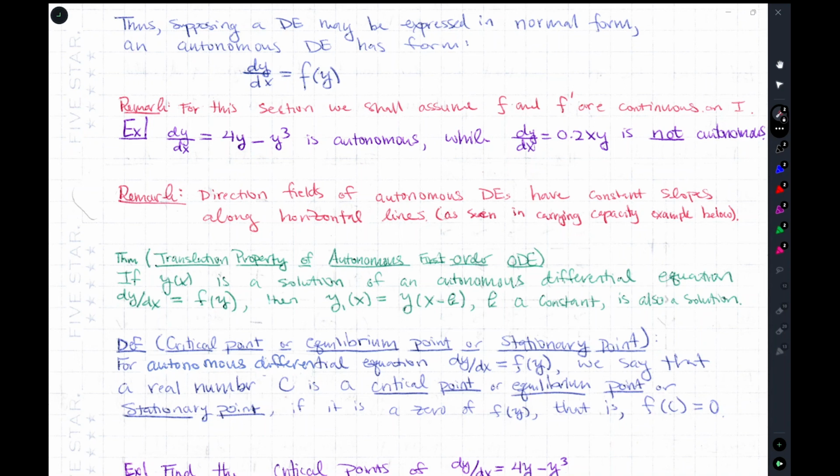The line y equals 2 is just a horizontal line that intersects with the y-axis at y equals 2. Okay? And it makes sense that if you hold y constant, okay, then the right-hand side will be constant, and you're going to get a constant direction field along that horizontal line.